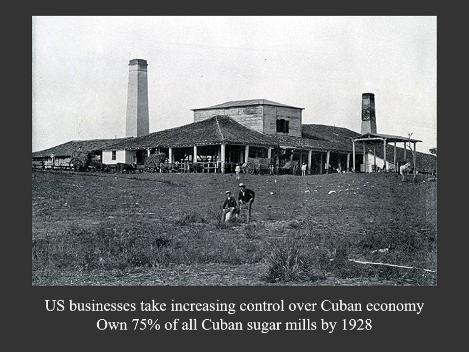So U.S. businesses own basically 3/4 of the Cuban sugar economy by the time the Great Depression starts. And that's pretty extreme for one foreign power, one investor class from a foreign country, to have such a dominant foothold on the biggest economic sector of another country.